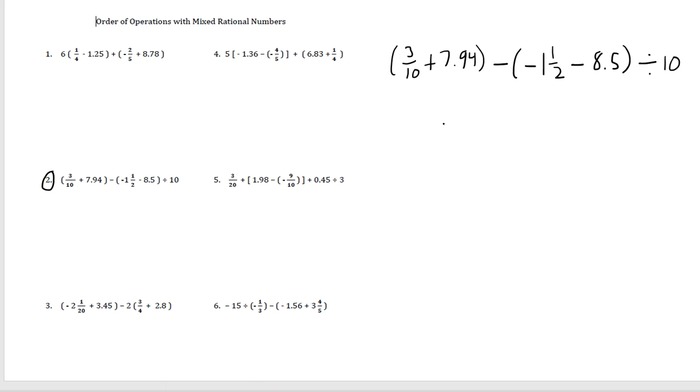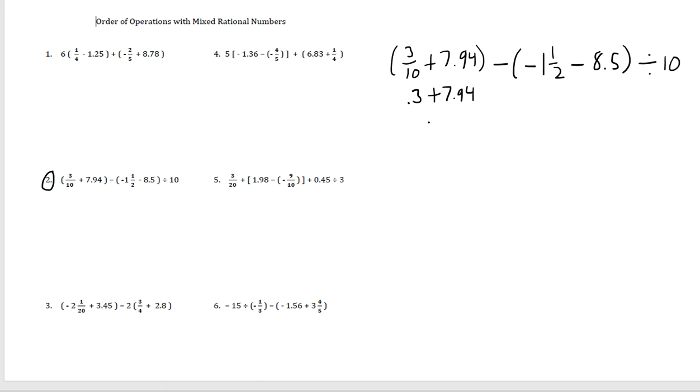Okay, so here we go, parentheses first. Inside our parentheses, we have both a fraction and a decimal. And so in order to combine these, I'm going to change them both to decimals. 3/10 as a decimal is just written like this, 0.3.